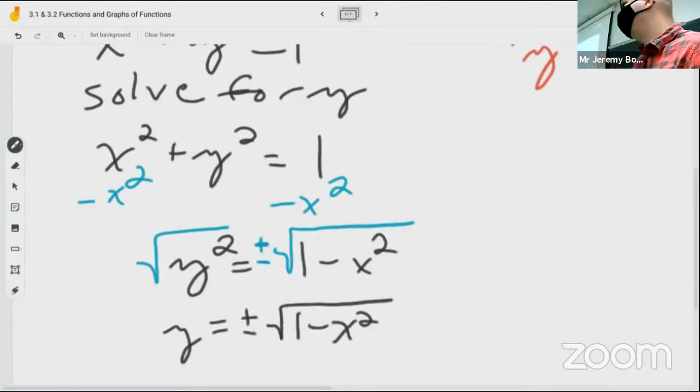You can't break up a square root on addition or subtraction, so we have to leave that as is. That does factor to be (1 plus x)(1 minus x), but that is no use to us here because it's not a term that's squared. So that's just what it is.